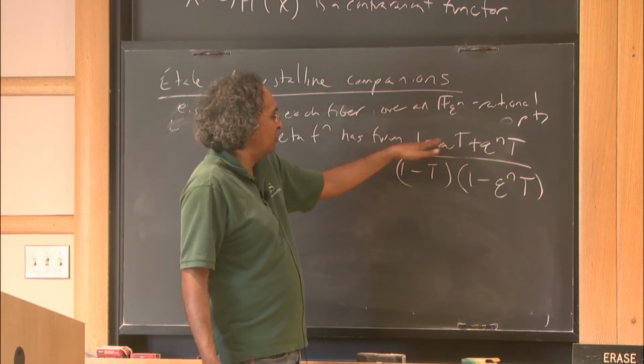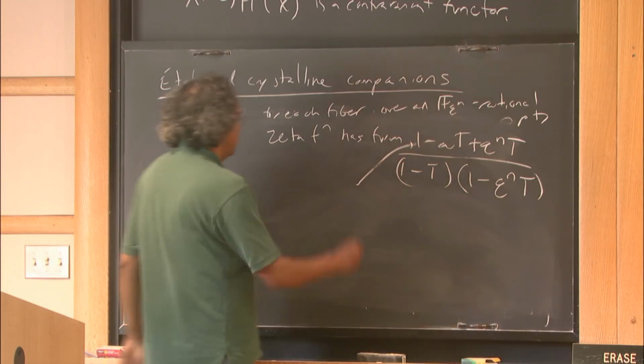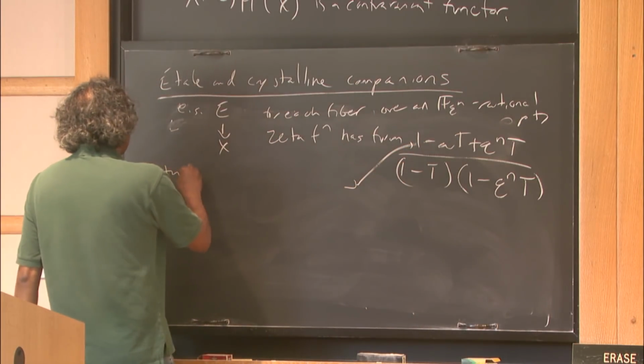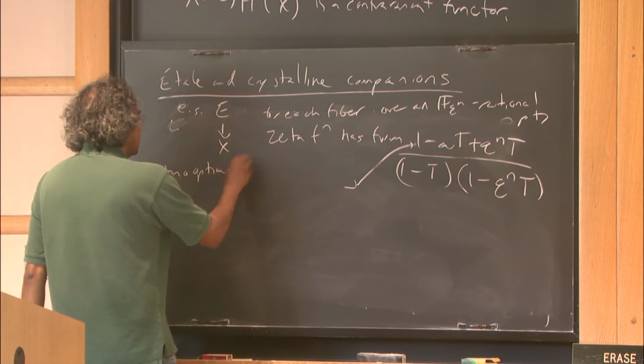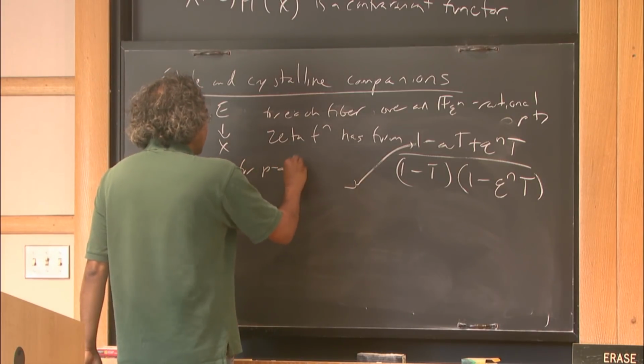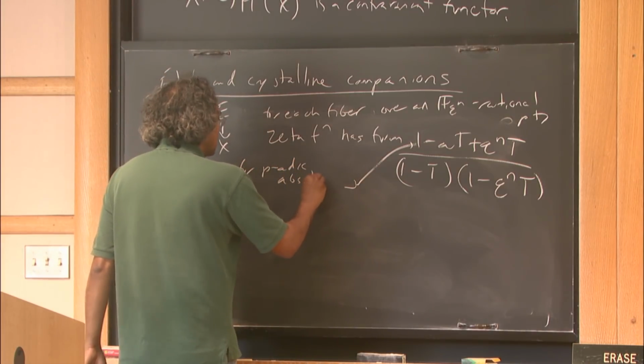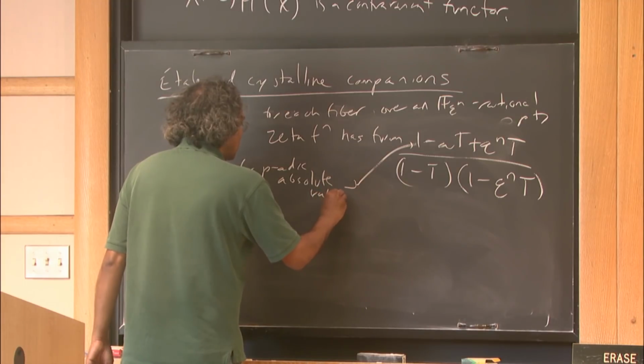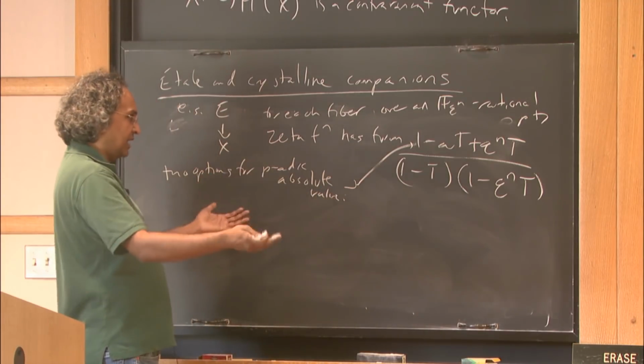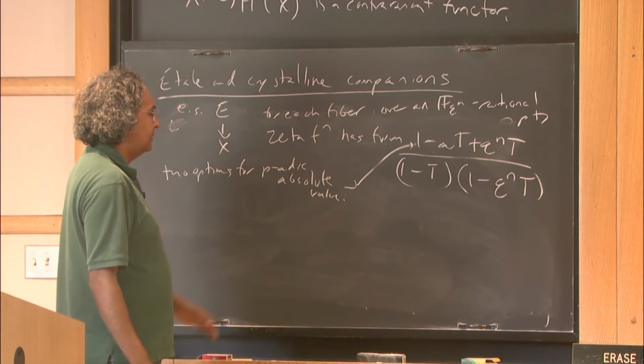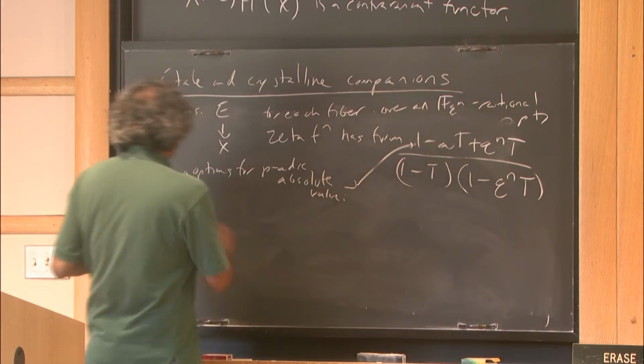So the interesting question is, what can the p-adic absolute values of these roots be? Well, there are two options if you fix a p-adic absolute value. So you fix a p-adic absolute value in Q bar, then there are two possibilities that can occur here.